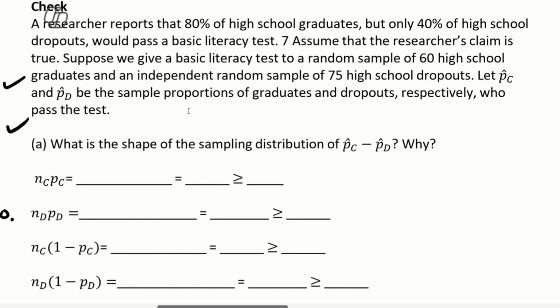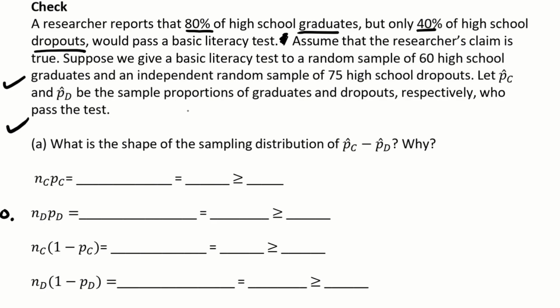Okay, we got 80% graduates and 40% dropouts would pass a basic literacy test. We could ignore this 7 here. Assume that the researcher's claim is true. Suppose we give a basic literacy test to a random sample of 60 high school graduates and an independent random sample of 75 high school dropouts.